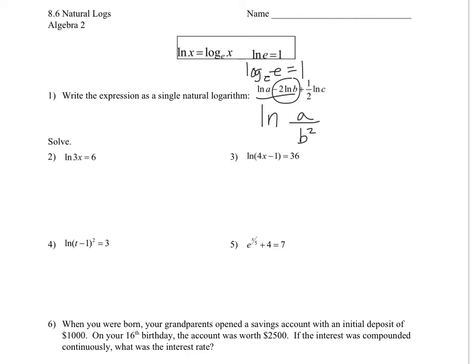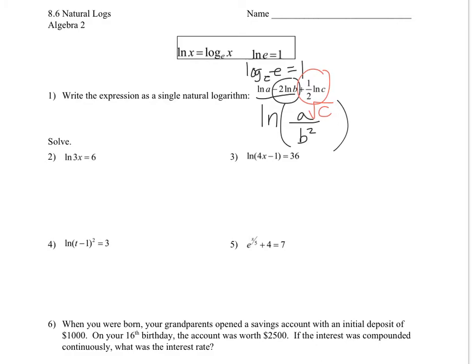So natural log of c, you're adding it, so that's going to be in the numerator. So c to the 1/2 power is the same thing as the square root of c. You could either write it as the square root of c or c to the 1/2 power. So this is writing it as a single logarithm. In this case, it's a natural log.